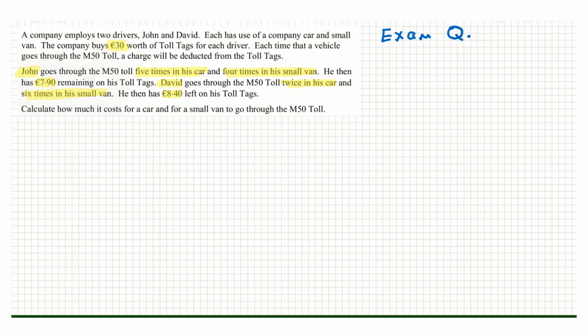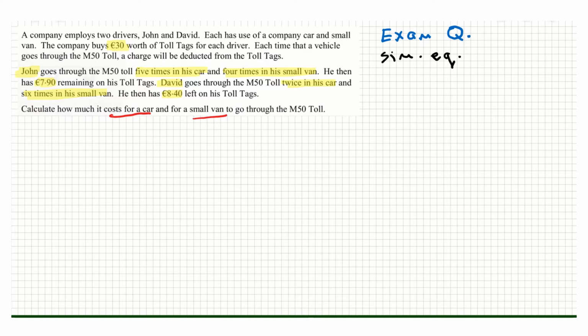Okay, so we have two unknowns, the cost of a car and the cost of a van. So when we have two unknowns, but also two pieces of information, we need to recognize that this is a simultaneous equation. I'm going to write that short because we're going to need all the room we can get.